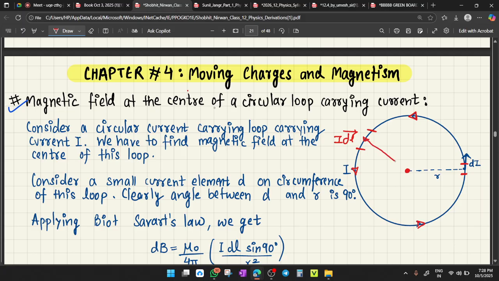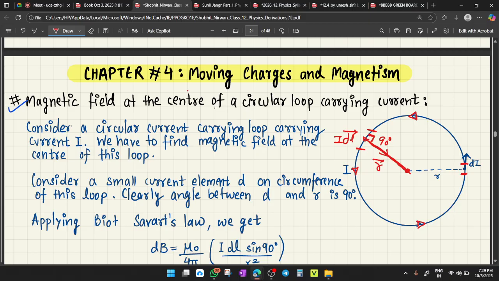This is your r vector and this is your angle theta. The r vector is along the radius, and the angle between any part of the circle and the radius equals 90 degrees. Clear or not clear?